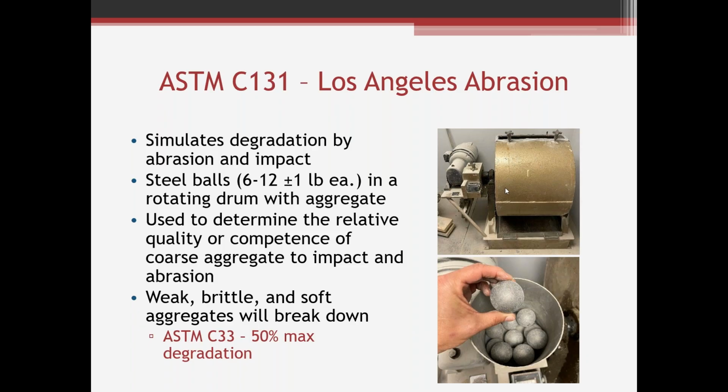It undergoes a certain number of revolutions. There's a revolution counter right here on the machine. We run a gradation on it before it goes in there, and then we run a gradation on it afterwards, and we see how much of the material was broken down.